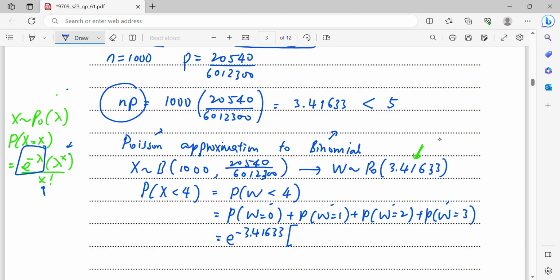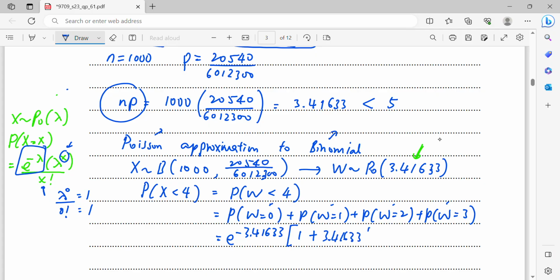When x equals 0, any value to the power of 0 is 1, and 0 factorial is again 1. So for the first probability, after you have factorized the exponential, I will get 1. Then plus P(W equals 1), means you replace the x by 1, so I will get positive 3.41633 to the power 1, because our lambda is positive.